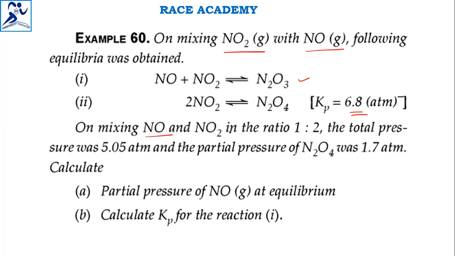On mixing NO and NO2 we get N2O3, but that ratio is 1:2 for NO and NO2. The total pressure was given as 5.05 atmospheres. The partial pressure of dinitrogen tetroxide was given as 1.7. Then we have two questions in front of us. The first one is: what is the partial pressure of NO at equilibrium?